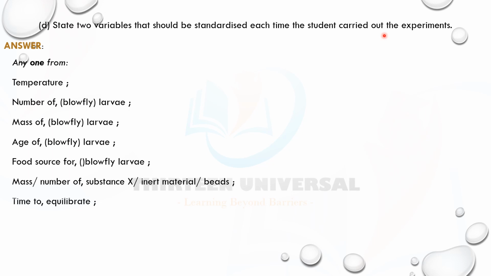Time to equilibrate should be the same, because you have to equilibrate so that the temperature of the larvae will be the same. Time for measurement of the meniscus: once the experiment starts, you say we're going to measure the meniscus after 5 minutes. It should be the same for all of the setups.